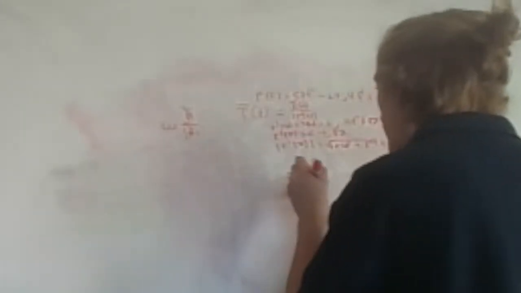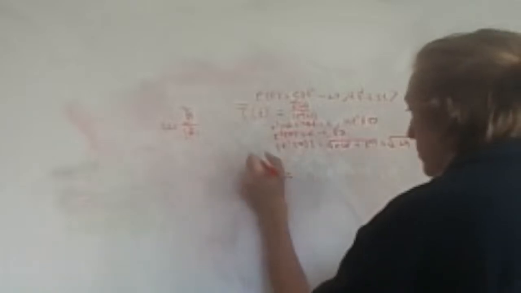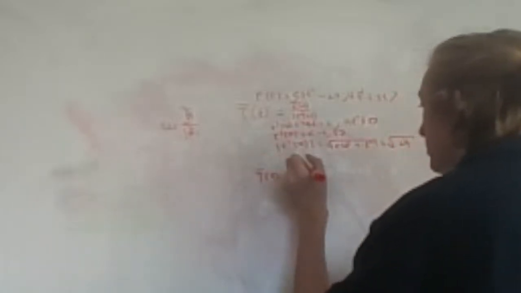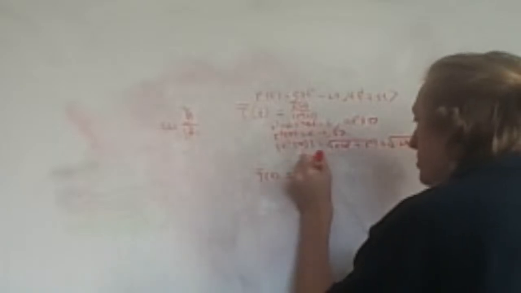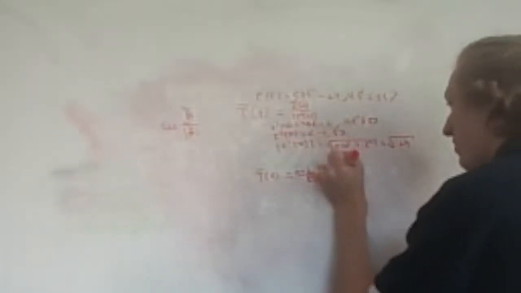Therefore, the unit tangent vector of 0 is going to be negative 2, 5 as a vector over square root 29. I don't think you can simplify square root 29. So this is going to be the vector negative 2 over square root 29, comma 5 over square root 29.